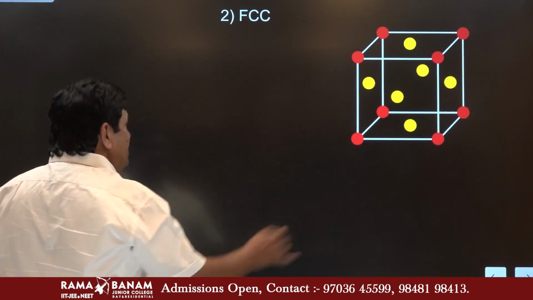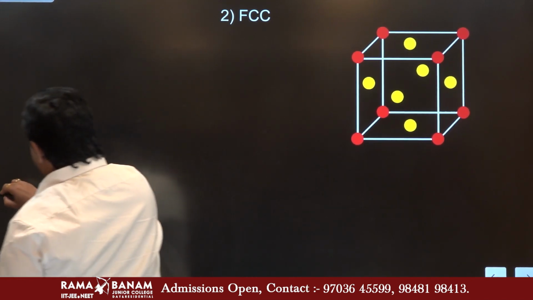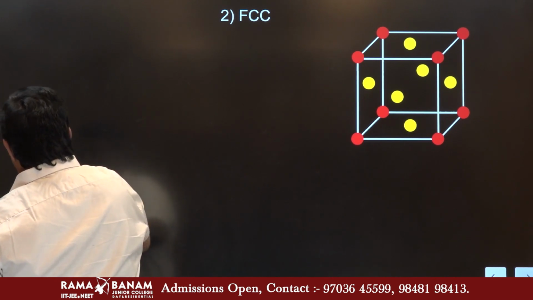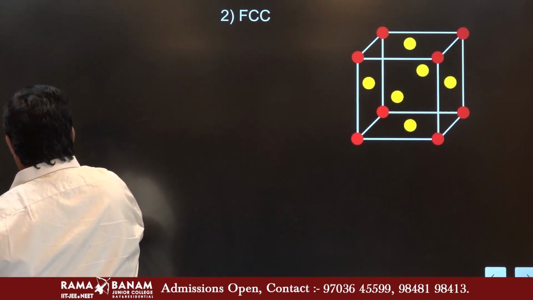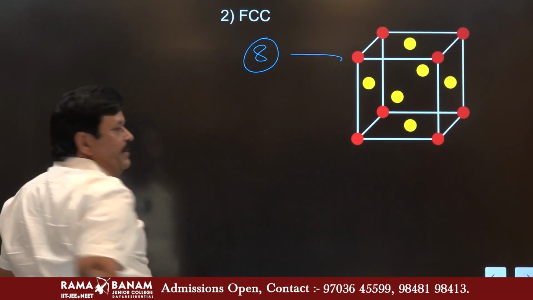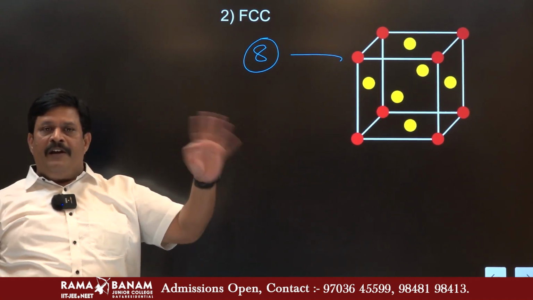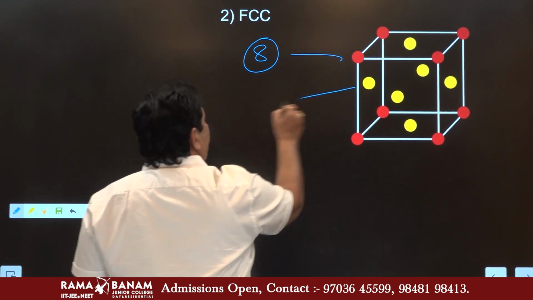We just mentioned that total body corner particles are 8, and there are 6 faces for any cube, so face center particles are 6.